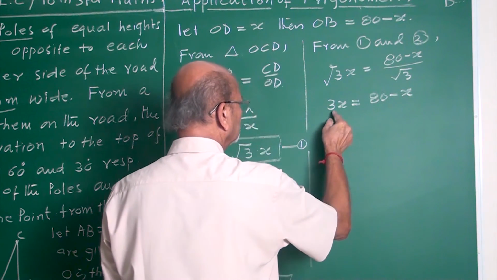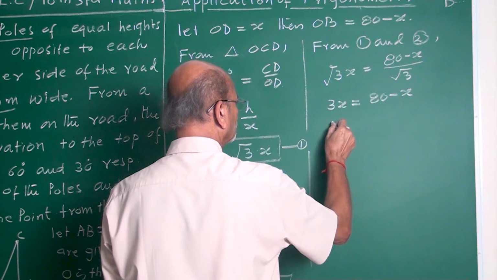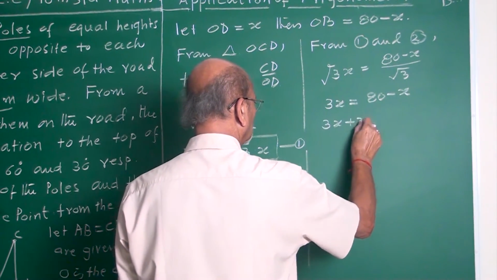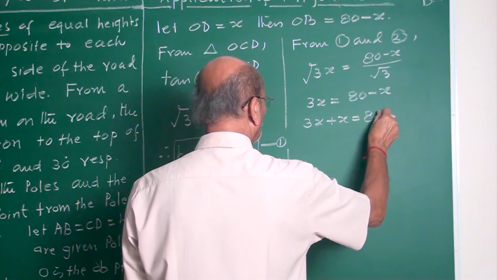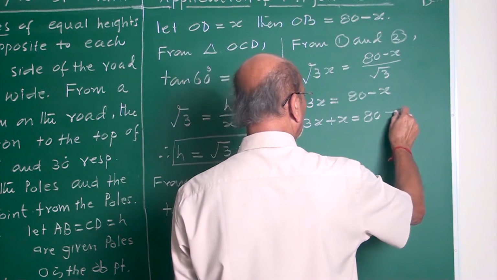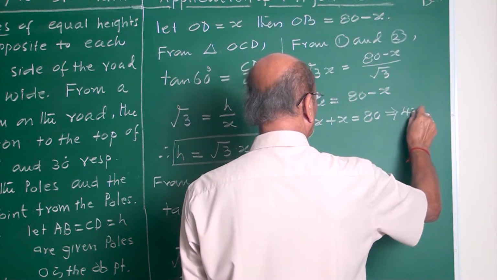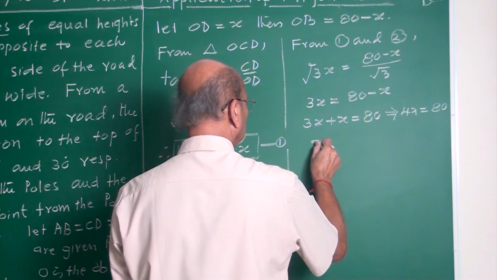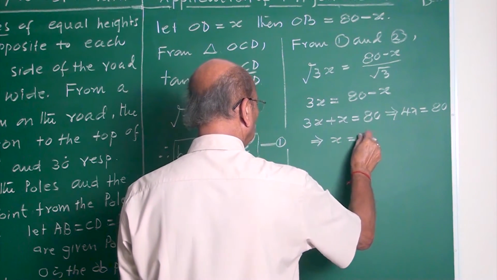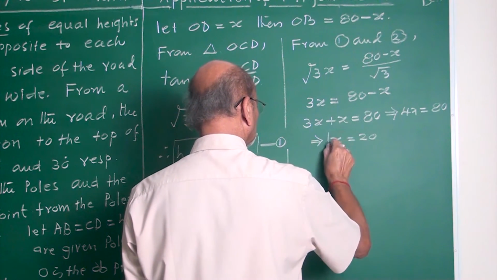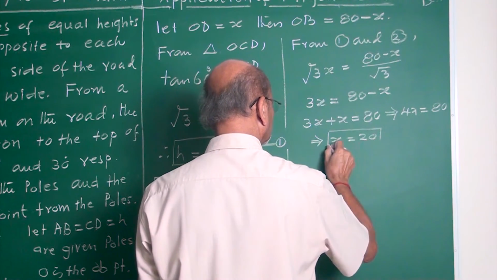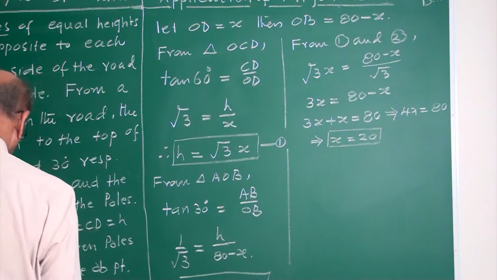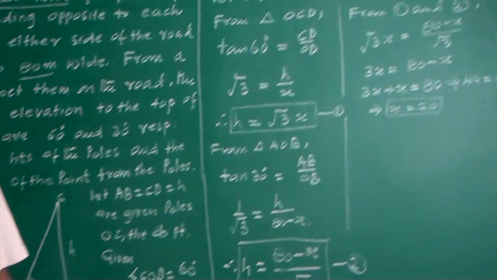Bring this side: 3x plus x is 4x, equal to 80, so x is 20.